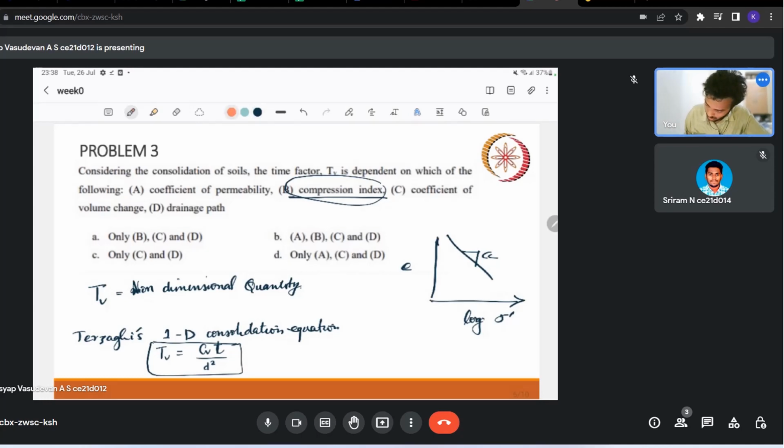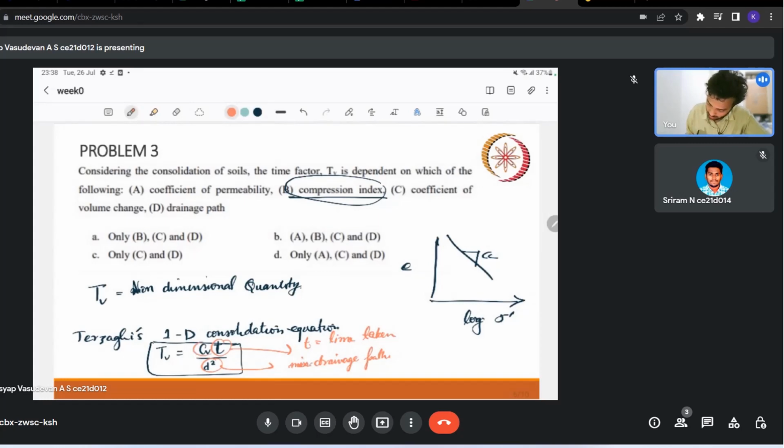Here, this small t is the time taken for consolidation. d indicates the minimum length of drainage path.